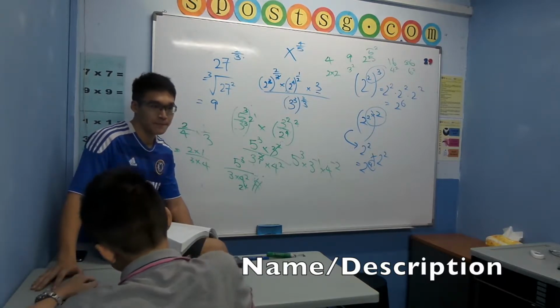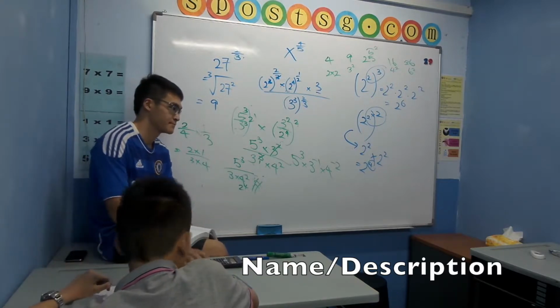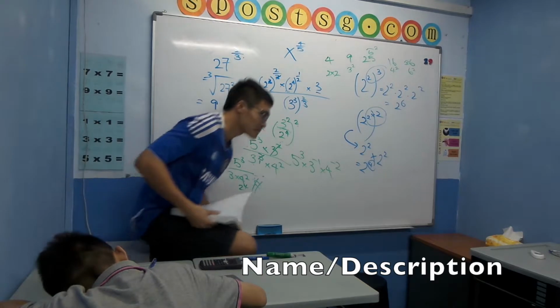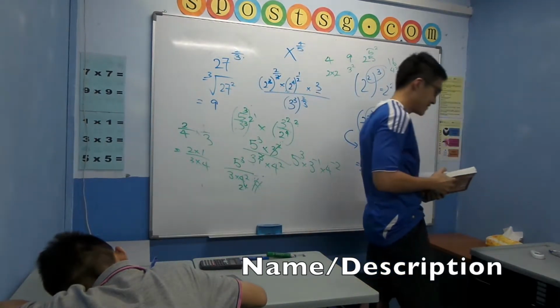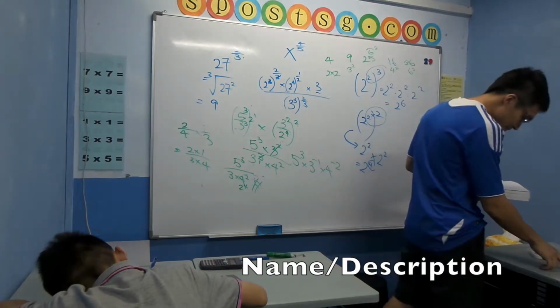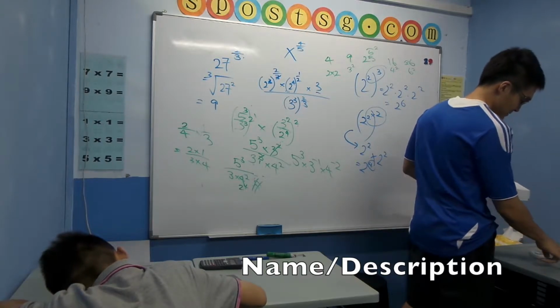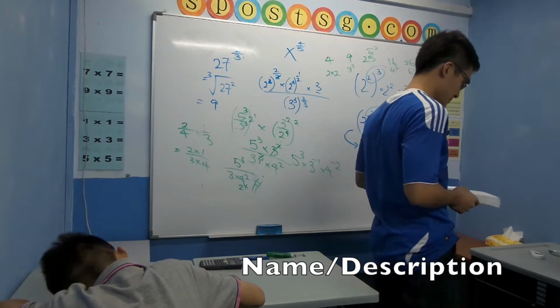Correct? 18 doesn't have a factor. But what do you see here? 18 divided by 6 to the power of 5. So you need to work out this one first. Then simple already, right?